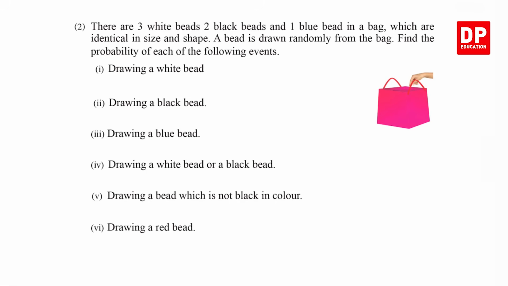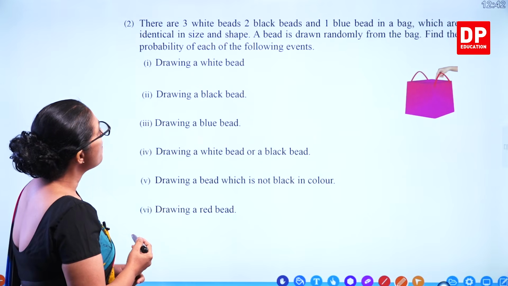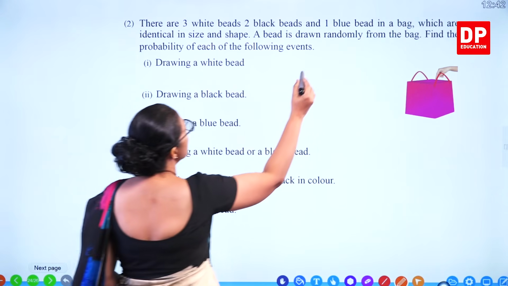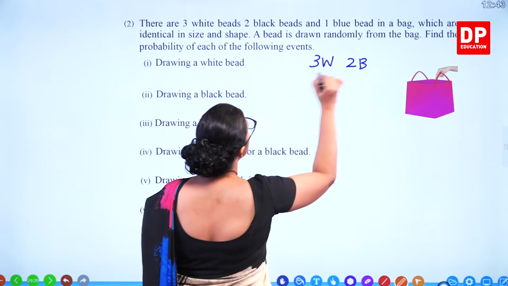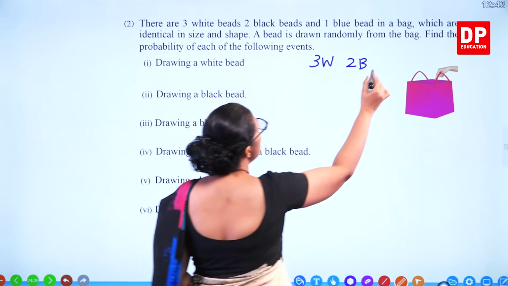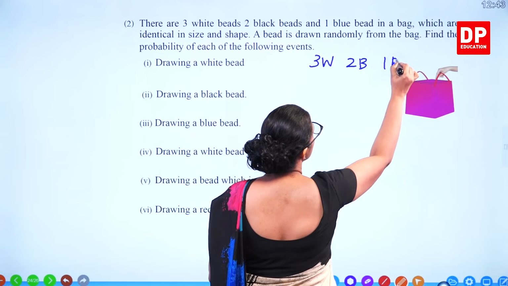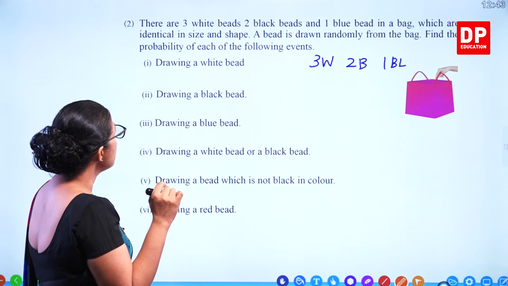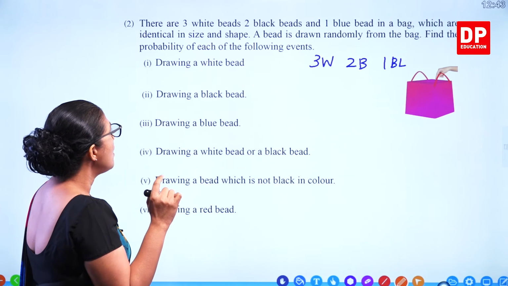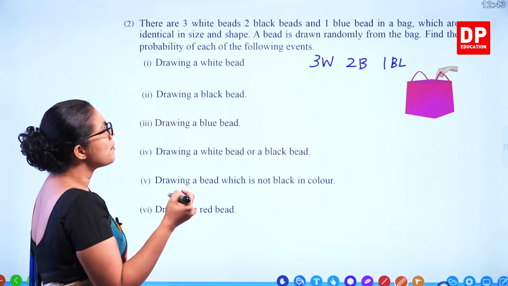There are 3 white beads, 2 black beads, 3 white, 2 black and 1 blue in a bag which are identical in size and shape. A bead is drawn randomly from the bag.